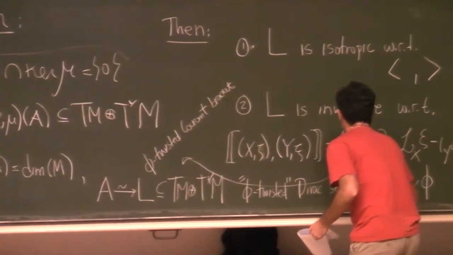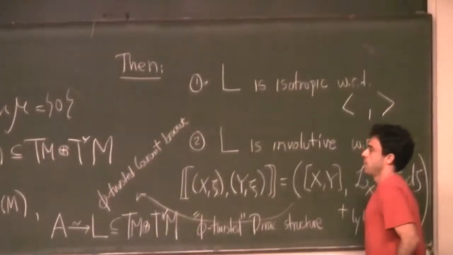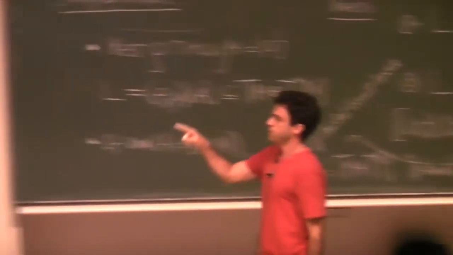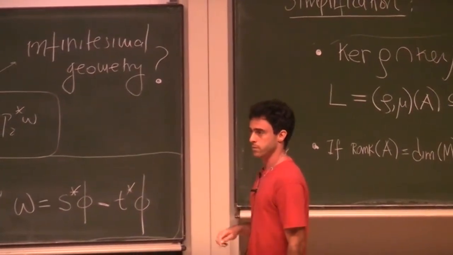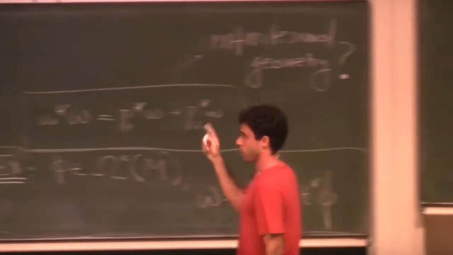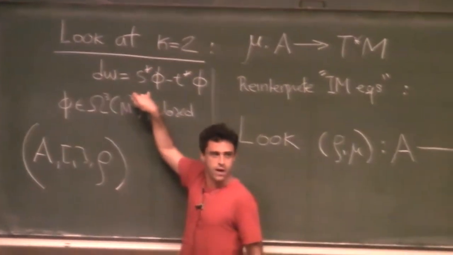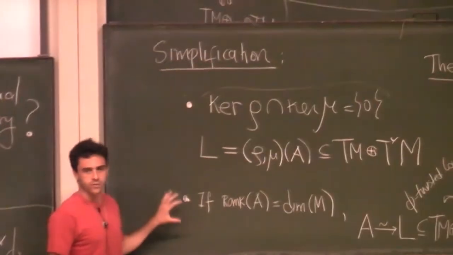Okay, so these objects known as phi-twisted Dirac structures, they arise naturally as very particular cases of these objects that I'm calling IM forms when k equals 2. So I'm fixing k to be 2, I'm fixing the differential of omega to be something prescribed, and I'm imposing a couple of regularity conditions.